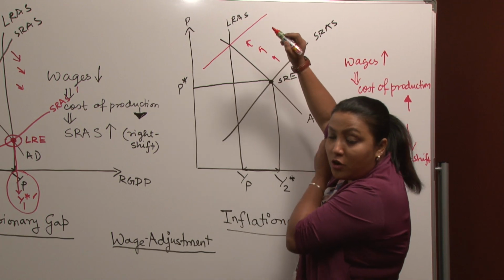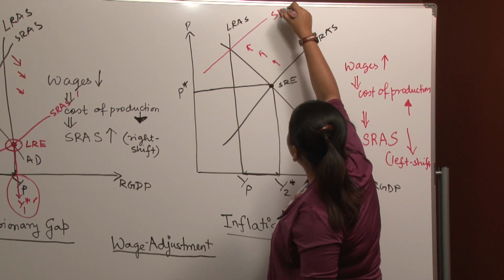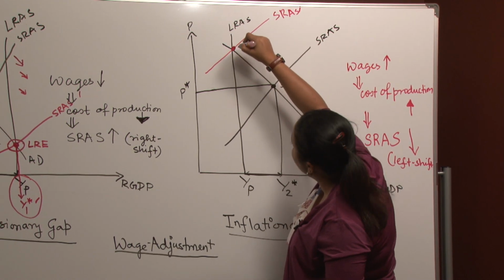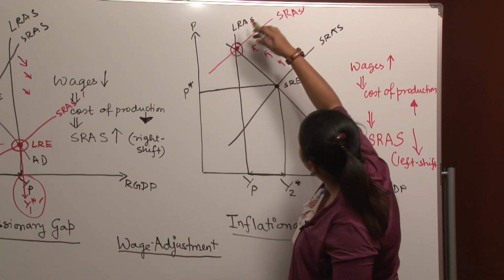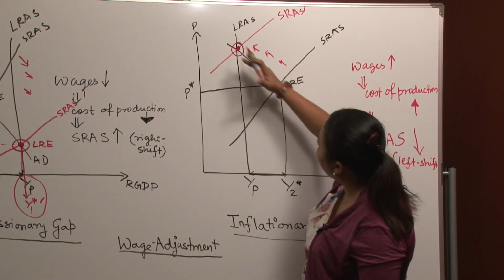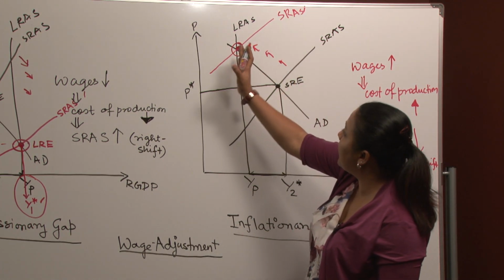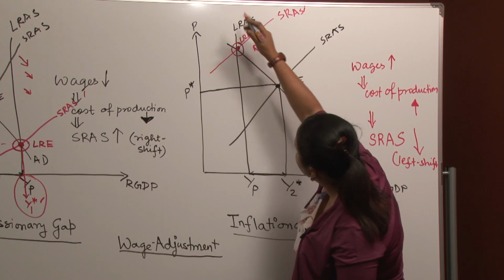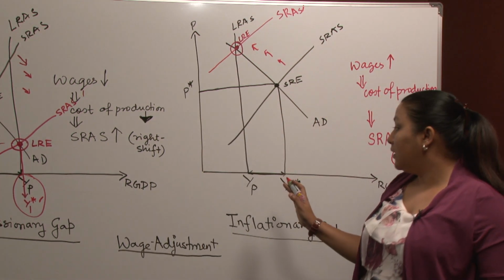The wage adjustment process will continue until the economy moves back to a point like that. And please note that this is a short run equilibrium because it is at the intersection point of AD and the new SRAS, but it's also a long run equilibrium because it lies on that vertical line, isn't it?